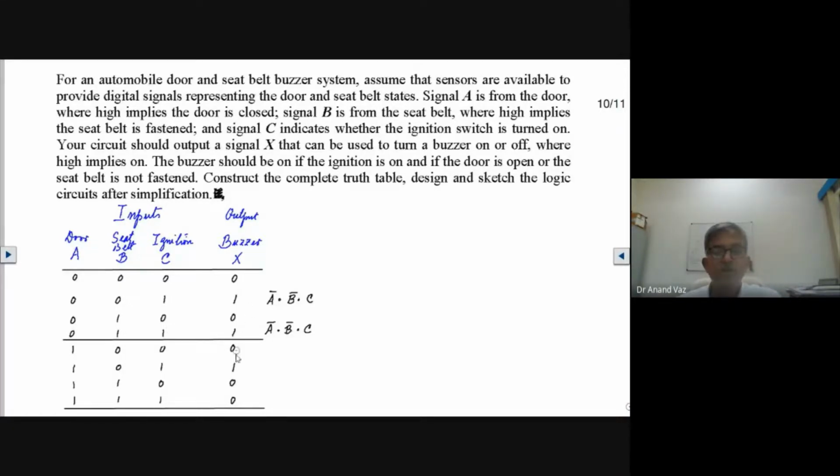For all the other input combinations, this product remains 0. So it's called a fundamental product corresponding to these inputs.